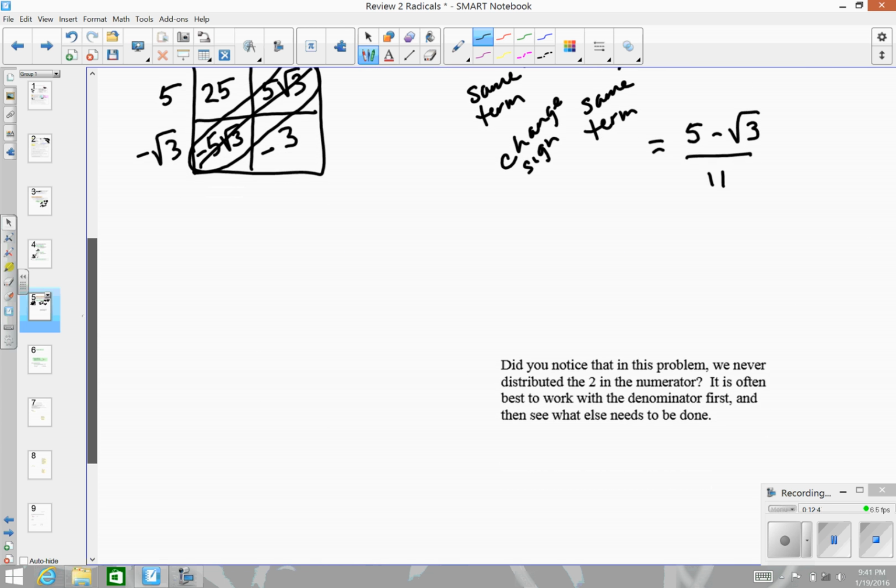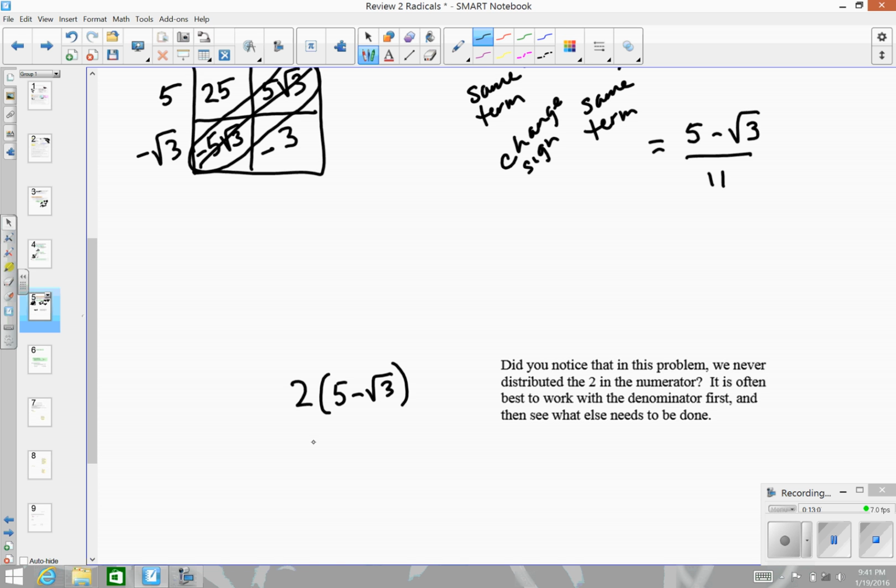Now notice in this example, when I had that numerator of 2 times 5 minus radical 3, I did not distribute. The reason I didn't do that is because I want to wait until the end to see if I can cancel out any factors, and in this example I did.